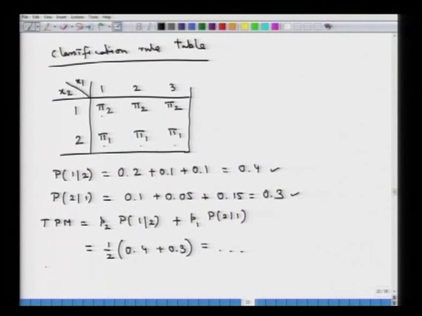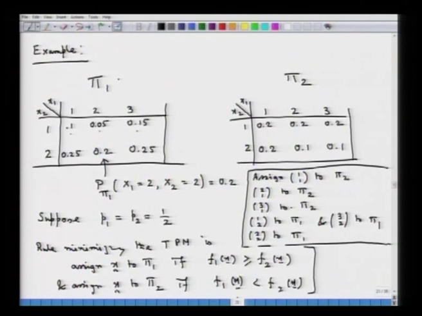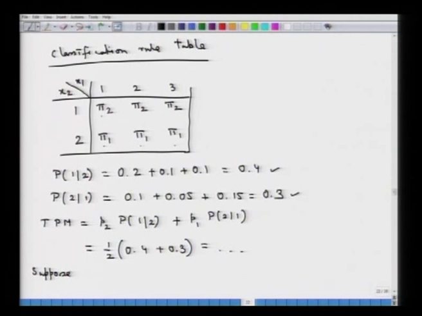Let us now look at also a different situation. This is a different problem. In the first case, we had assumed this to be the case. So, suppose I name this as case 1. This can be different. Suppose we have different a priori probabilities.